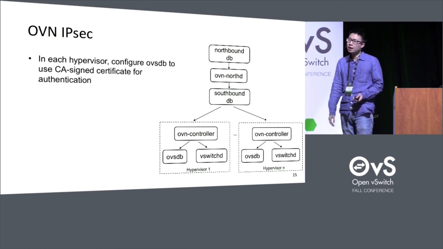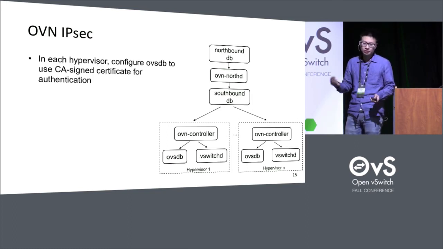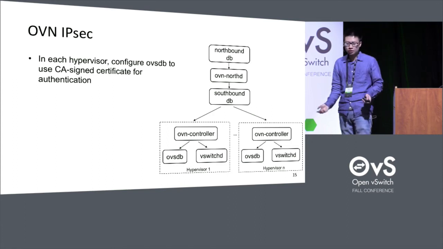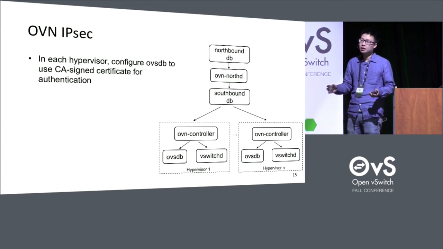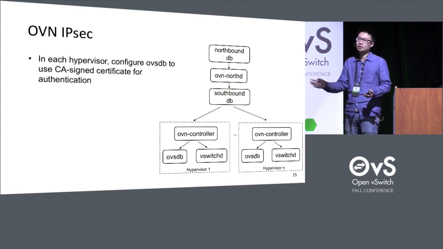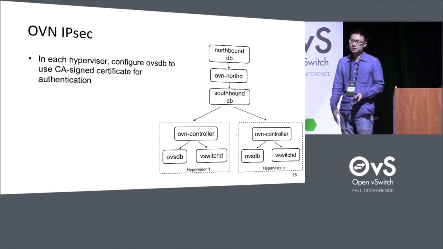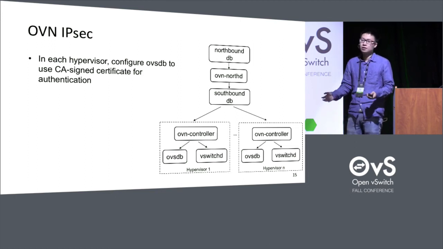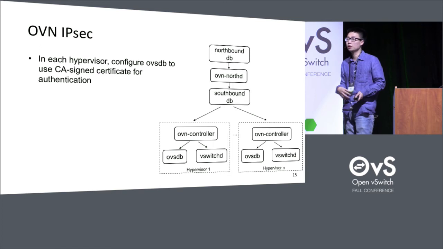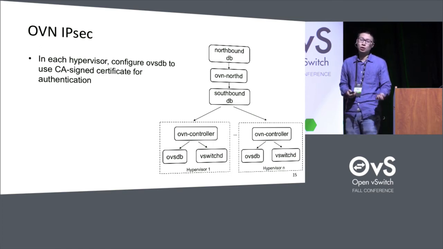The OVN controller interfaces with the southbound database. In OVN IPSEC, we use CA-based authentication because potentially each hypervisor might want to build a GENEVE tunnel with all the other hypervisors. So it's just not easy to get all the certificates in the local hypervisor if you want to use self-signed certificates to do the authentication.